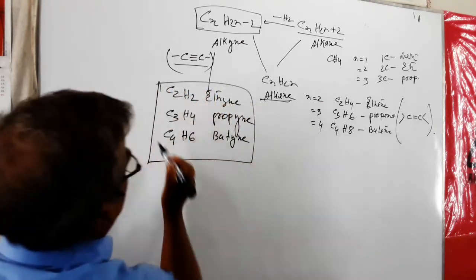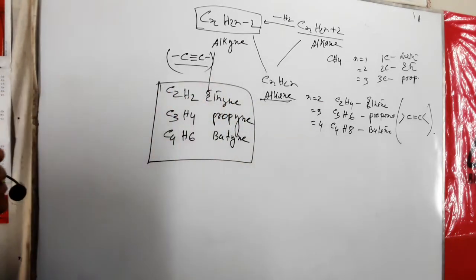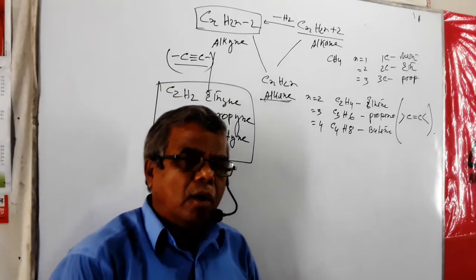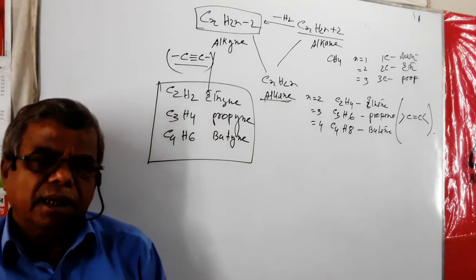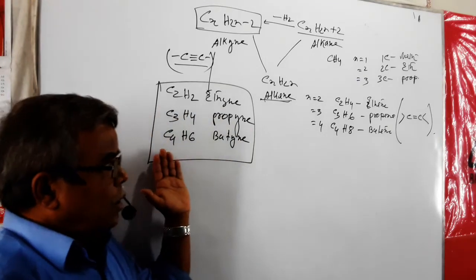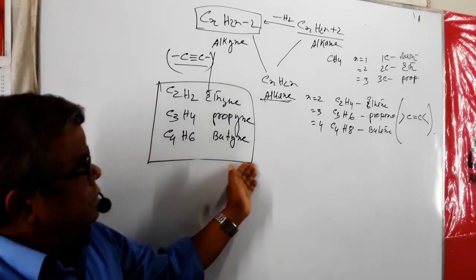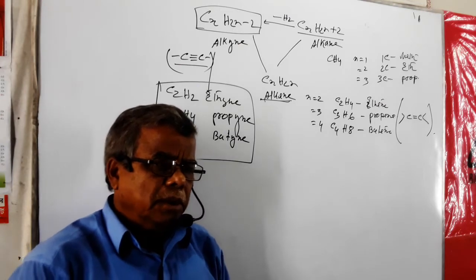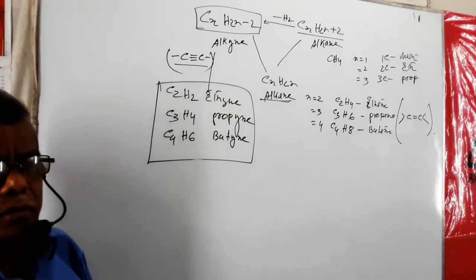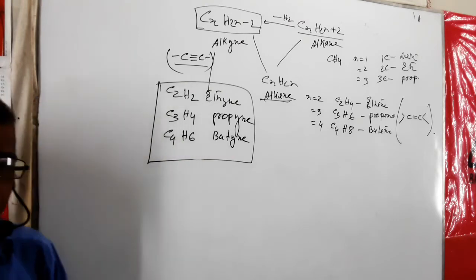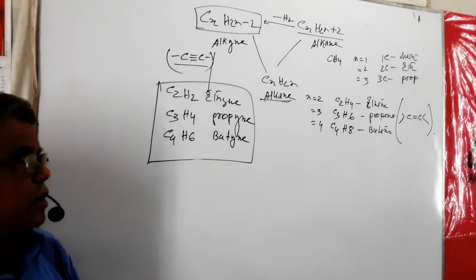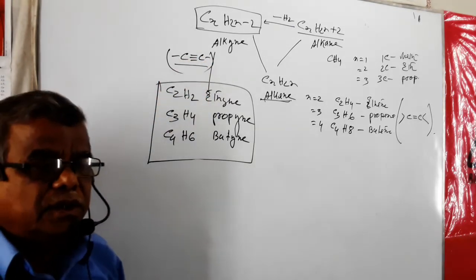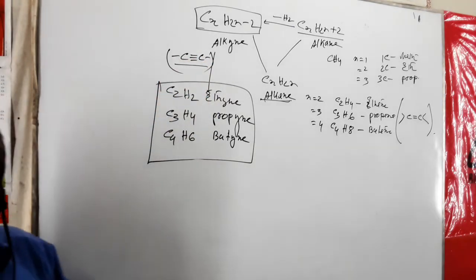These all contain a carbon-carbon triple bond. That is, all carbon-carbon triple bond containing compounds are alkyne. Alkene and alkyne open chain compounds undergo the addition reaction. Only open chain compounds undergo the addition reaction. Now today I shall discuss the addition reaction of alkyne.